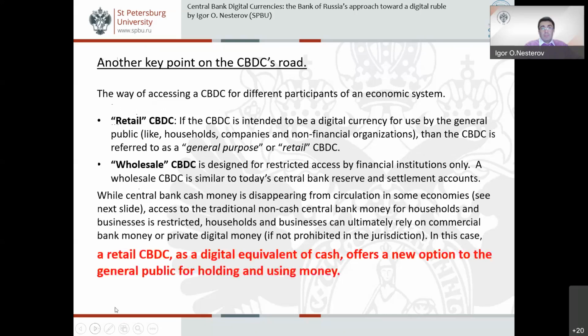And now another key point on the CBDC route, that is the way of accessing a CBDC for different participants of an economic system.